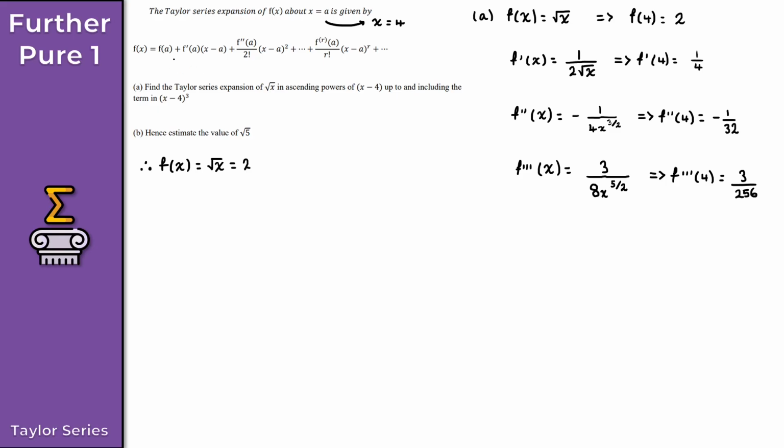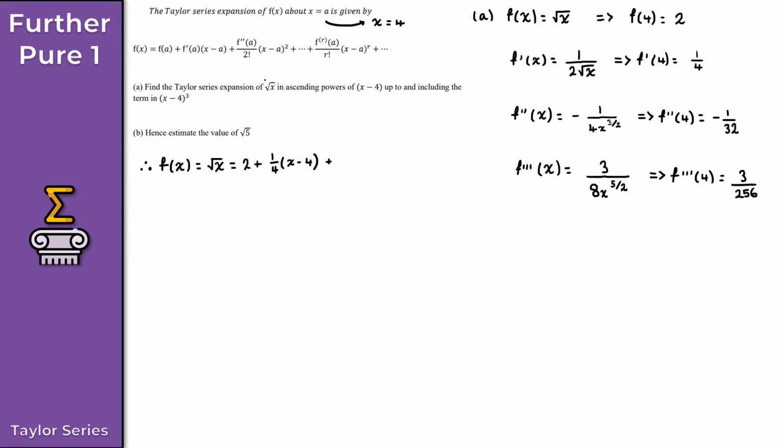We then have f prime of a, that's 1 over 4, and we multiply that by x minus a, where a in our case is 4. So plus 1 over 4 times x minus 4, like so. We then have f prime prime, the second derivative, which is minus 1 over 32.